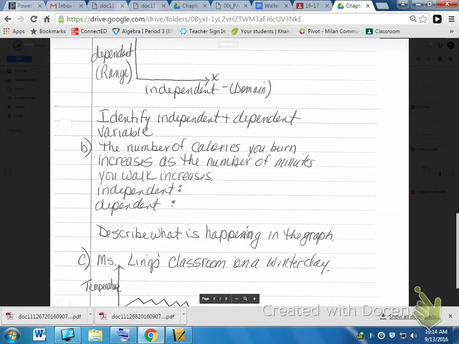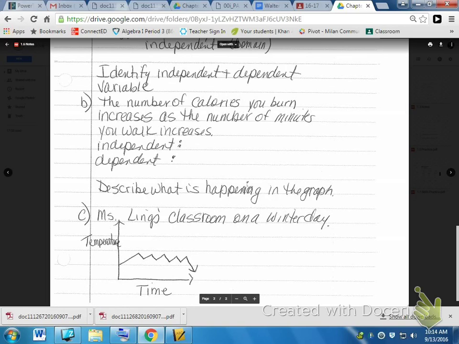Do the calories depend upon the minutes walked, or do the minutes walked depend upon the calories? Which way is it? My tree, what are you thinking? The minutes walked are independent? Yes. So definitely minutes would be independent and the calories would be dependent.